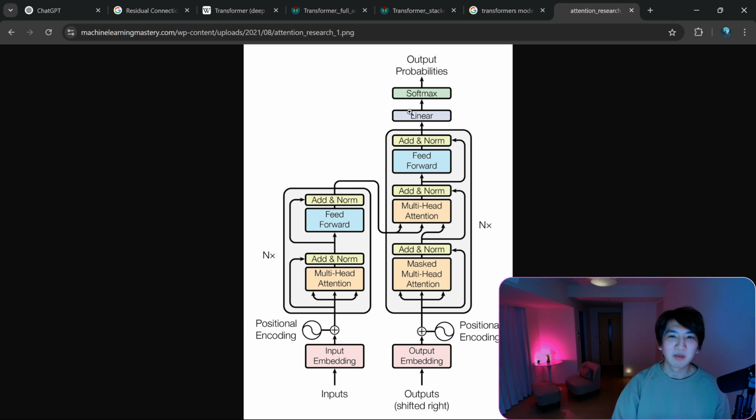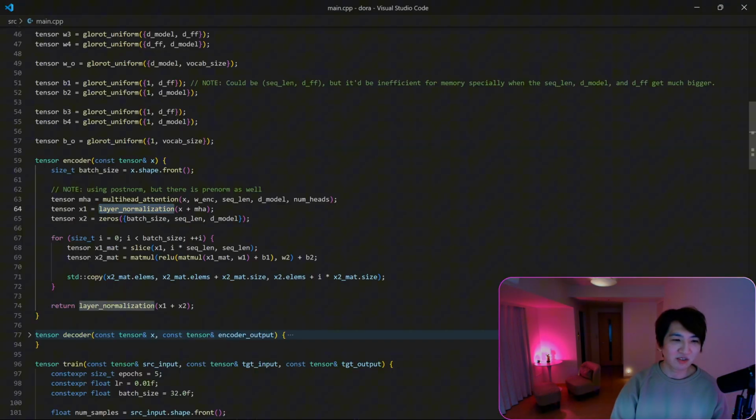Maybe you'd have a linear and softmax function in here. And this thing in the diagram corresponds to this one in my code.